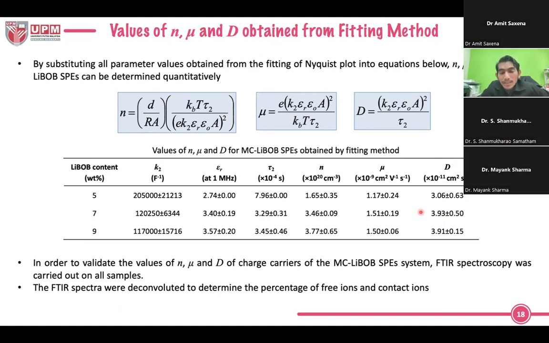In order to validate the values of N, mu, and D obtained from the fitting method, we perform FTIR and deconvolute the FTIR band corresponding to the free ions and contact ions to determine the percentage of free ions and contact ions.